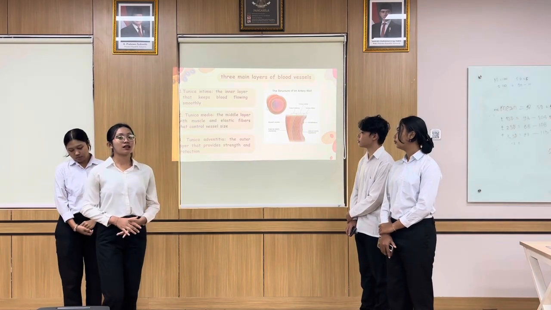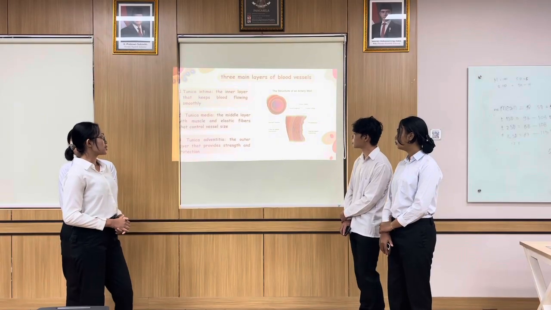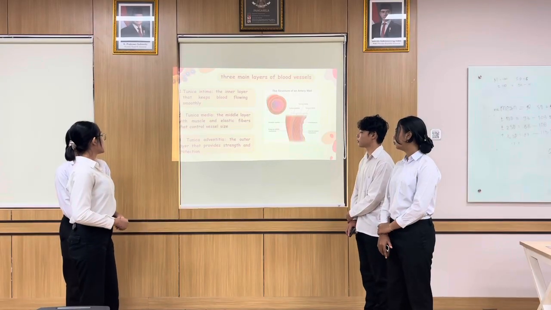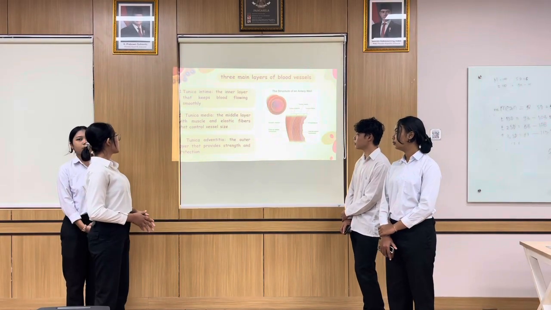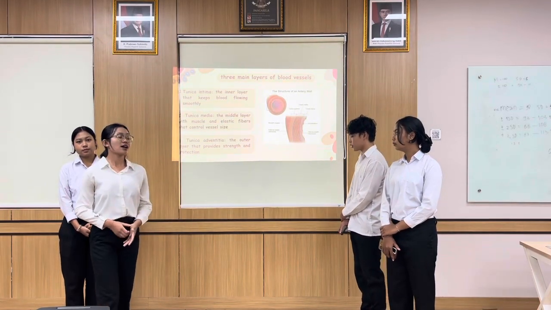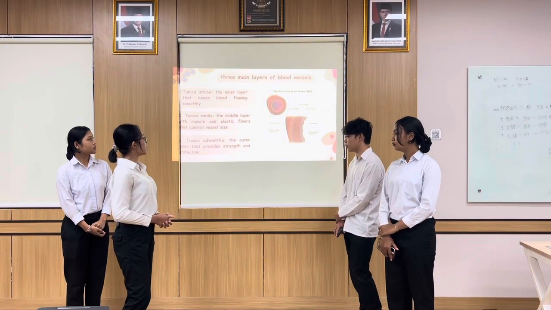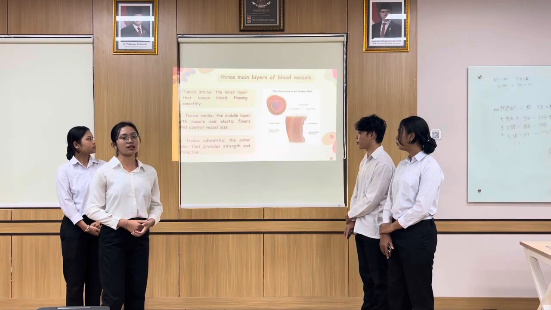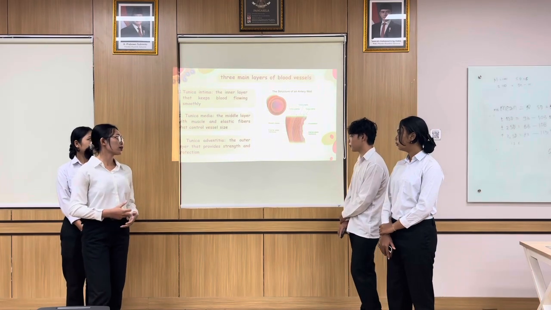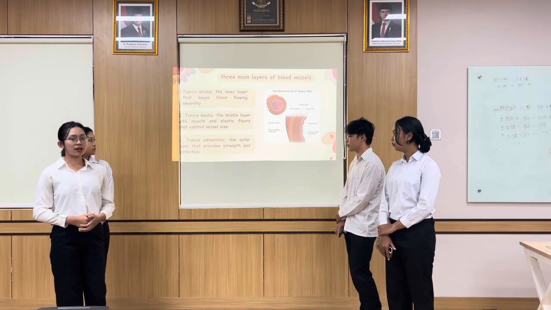It's the inner layer that keeps blood flowing smoothly, and its position is under the tunica media. The second one is tunica media. It's the middle layer with muscle and elastic fibers that control vessel size, positioned between the tunica externa and tunica intima. And the last one is tunica adventitia, or we can call it tunica externa, the outer layer that provides strength and protection.